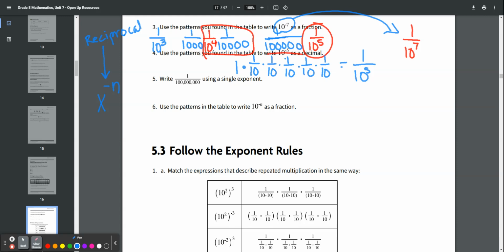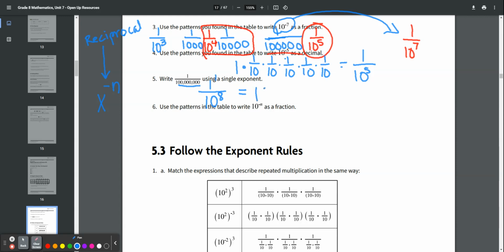So now I think about this one, we're going to write 1/100 millionth using a single exponent. Well, we keep the 1 the same, but then we can take 10 and look at the powers of 10 that are given here. We know 1 times 10 eight times would be that value of 100 million. As a single exponent, right now this is not a single exponent because of the invisible exponent in the top.